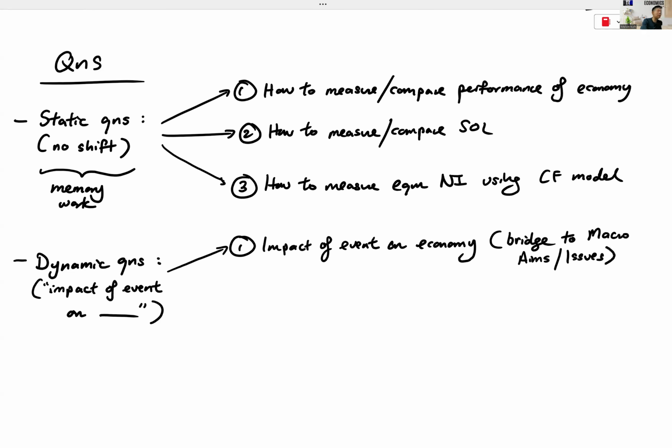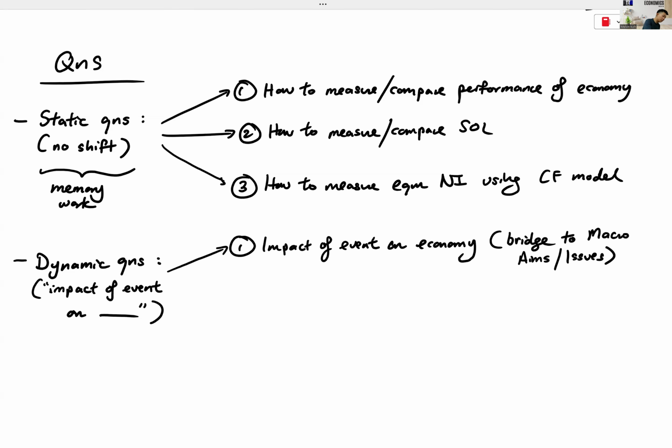I'm sure you all have seen questions like this. Discuss the impact of trade war, discuss the impact of COVID, discuss the impact of, I think I had this question, lower export sales to other countries and lower investments on the economy? So you will typically be asked for impact of different events on the economy. And then you have to link it to AD and AS, link it to your macro goals.